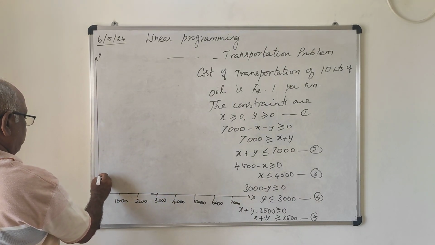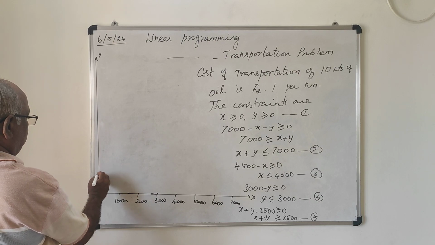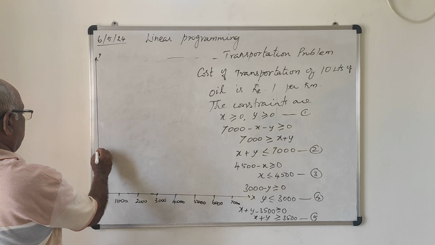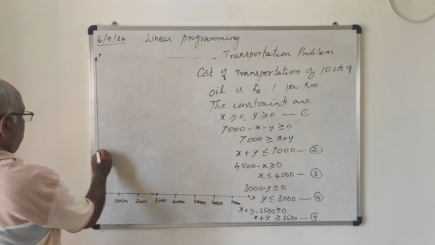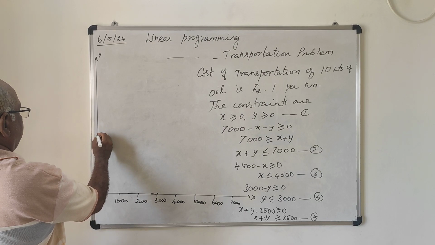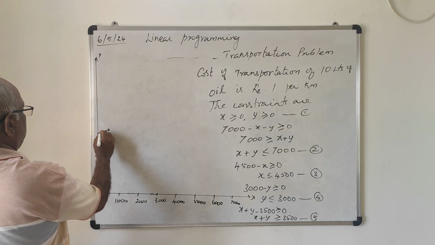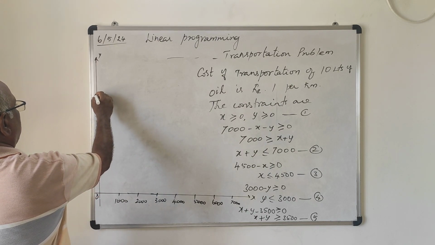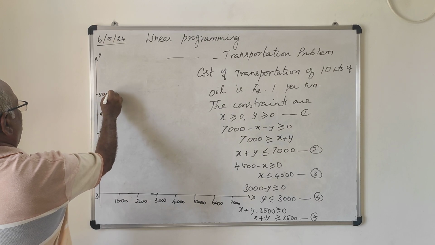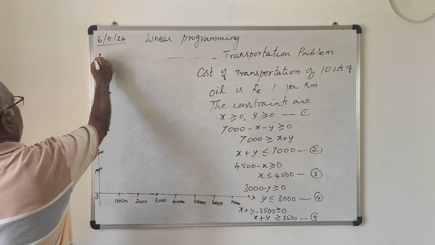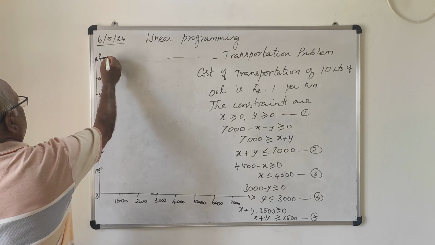Similarly here, 1000, 2000, 3000, 4000, 5000, 6000 and 7000.